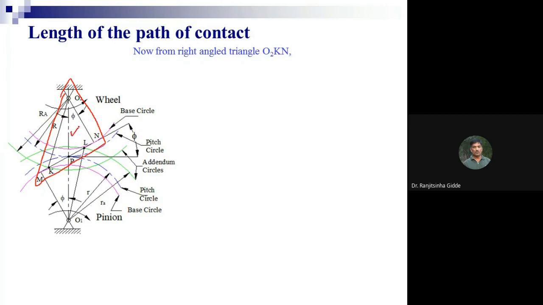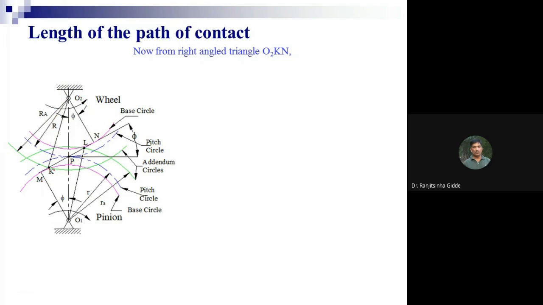Your focus should be here, right? Our aim is to find out this Kp, and this Kp is part of this triangle. So from right angled triangle O2Kn, here it is the right angle. Our aim is to find out the value of this Kp, but we are not going to get the Kp directly.